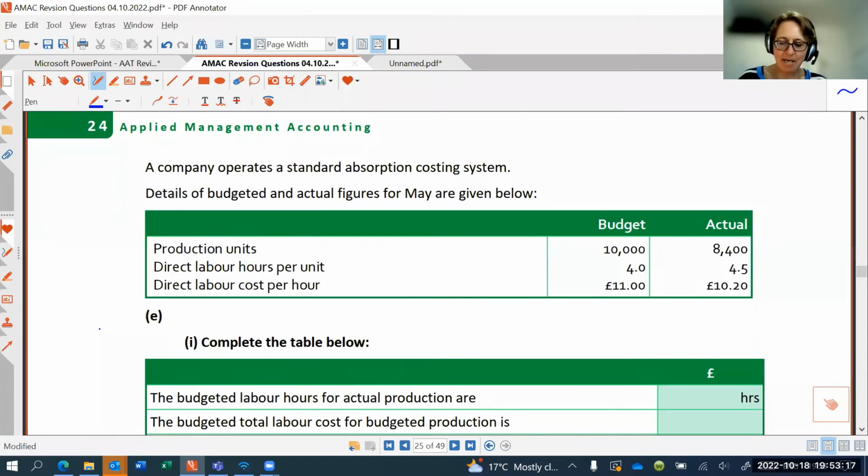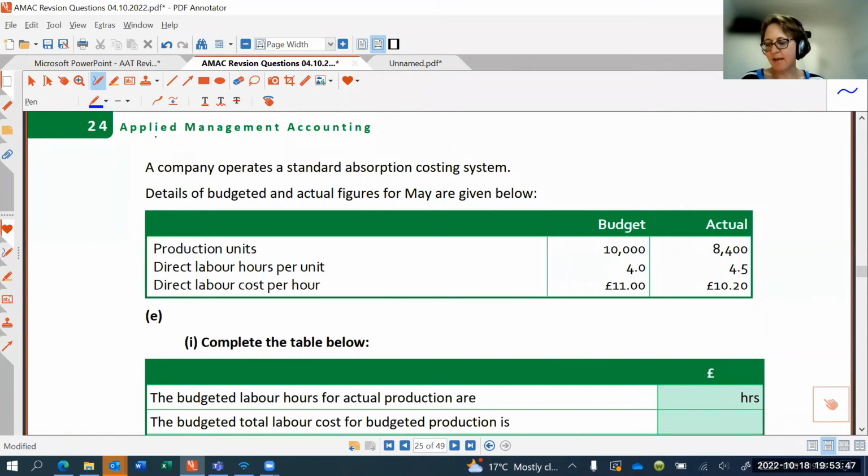It tells me how many units I'm planning to produce in the budgeted column, how many hours per unit, what is the cost per hour. This is like my standard cost card information that I've been harping on about wanting in every bit of the task so far. And thankfully this time, they've just handed it to me on a plate. So this is my standard cost. 4 hours, £11 per hour. We're looking at a standard cost of £44 for the whole unit.